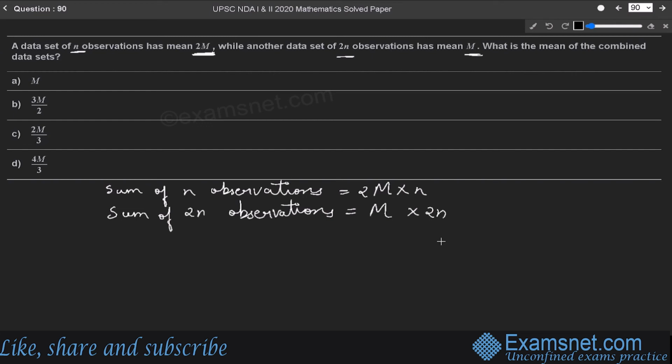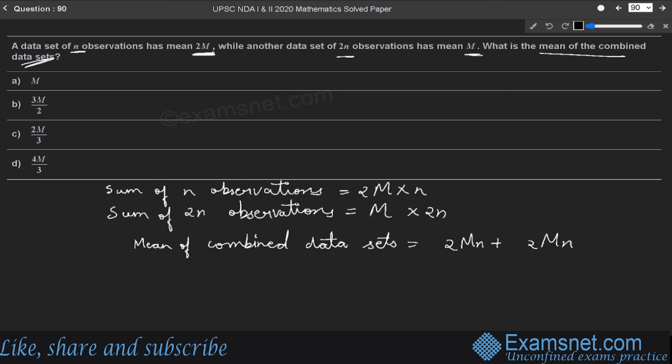Now we have to find the mean of the combined data sets. We have to combine both. This means we have to add both the given values. So we can write that mean of combined data set is equals to 2mn plus 2mn. The both values will be 2mn.